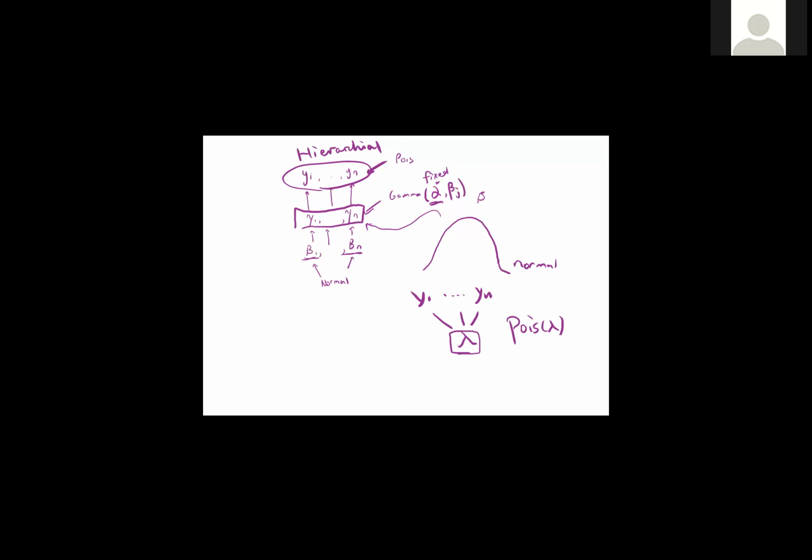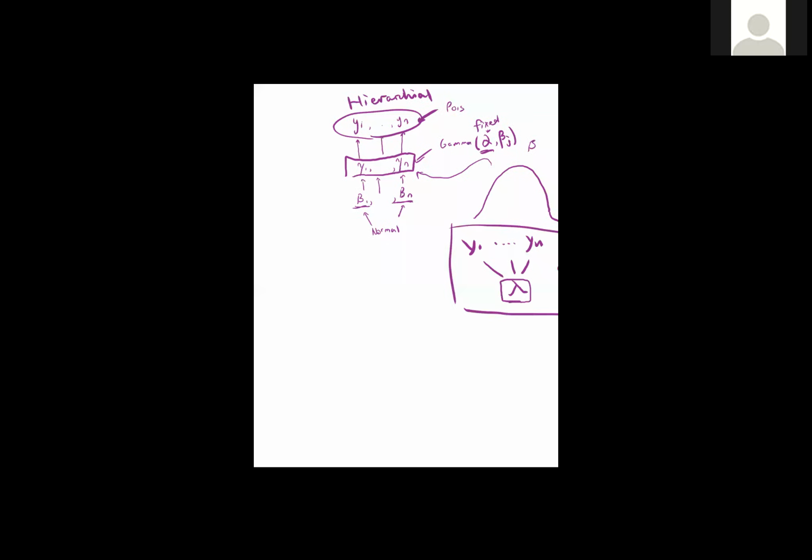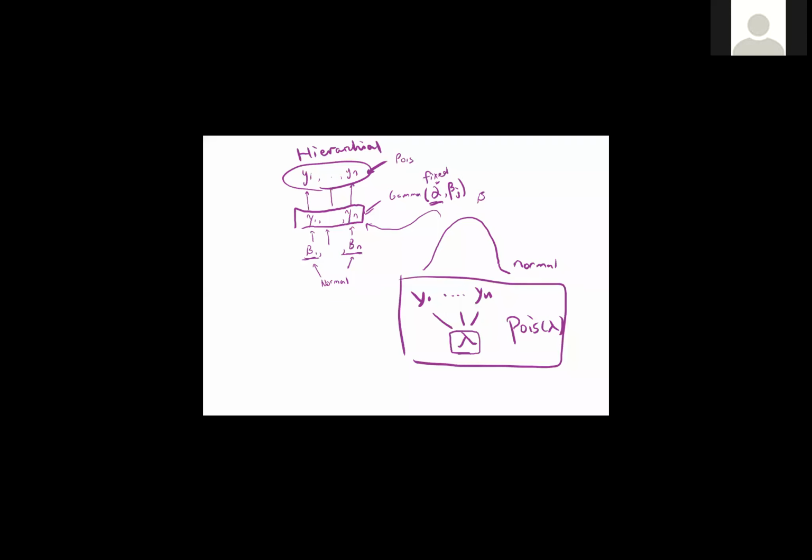So what this is doing is y_i iid from Poisson lambda.